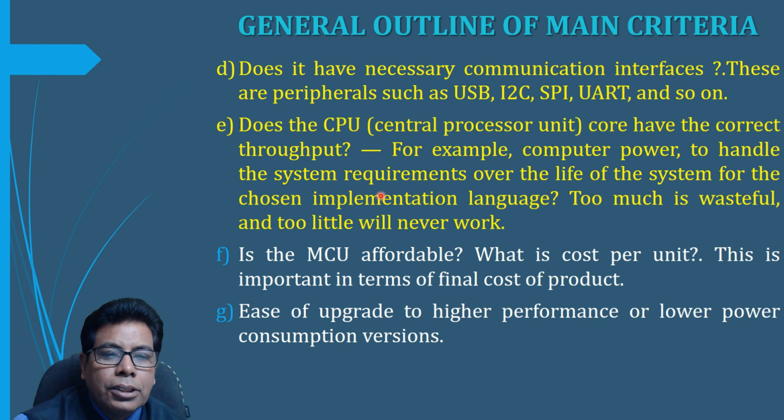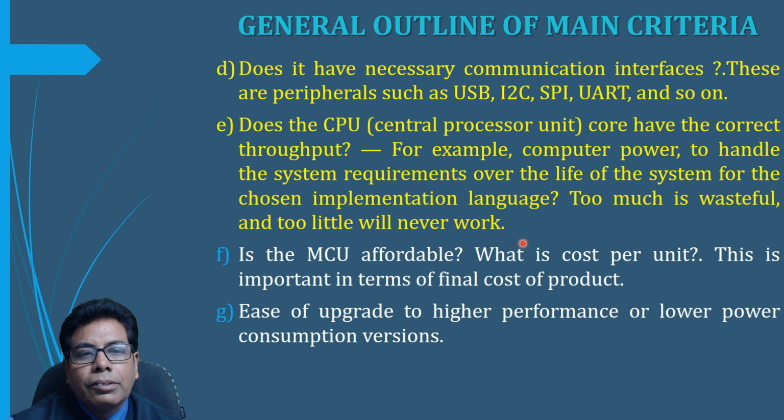So system requirements over the life of the system for the implementation language, that is important. And here if you take a higher end processor, it is wasteful, and too little will never work.